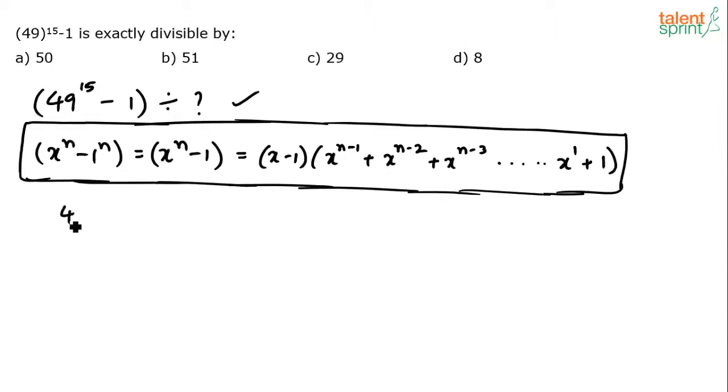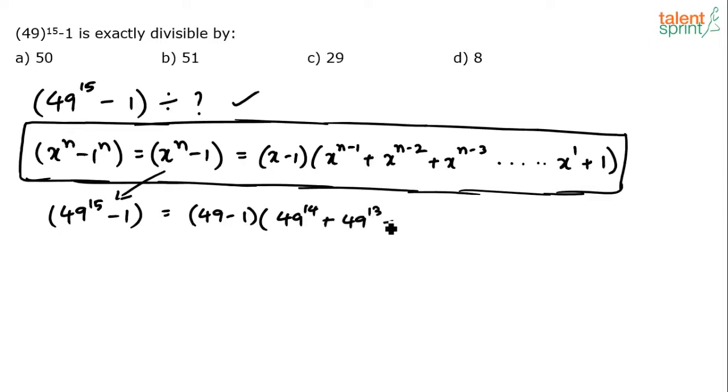So if I have to consider 49 power 15 minus 1 in the same format, it can be expanded as 49 minus 1 multiplied by 49 power 14 plus 49 power 13 plus 49 power 12 and so on up to 1.